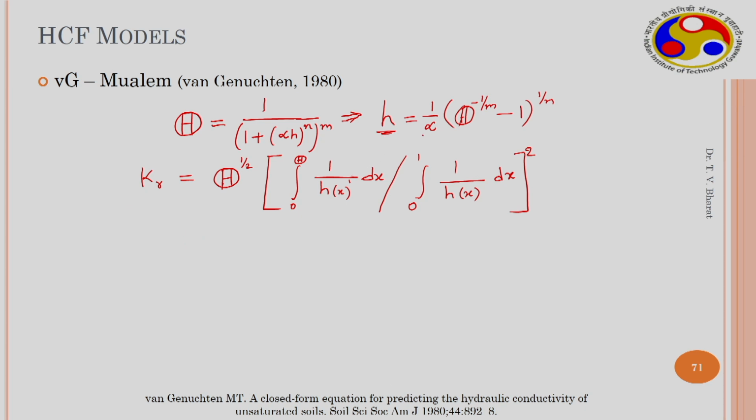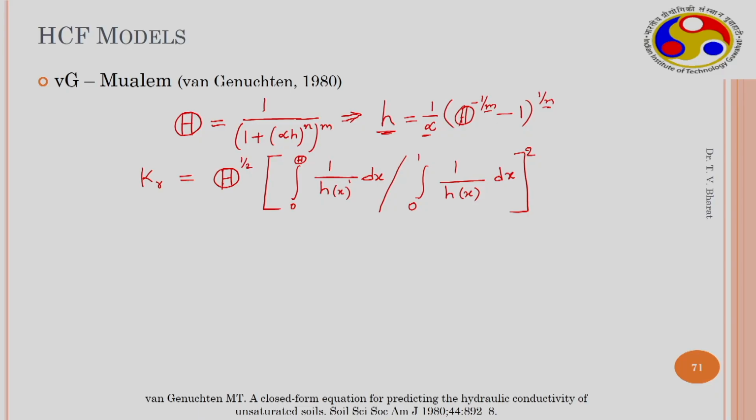So therefore directly when alpha, m and n are determined by fitting the soil water characteristic data using this model, the parameters can be substituted here to obtain the Kr, relative hydraulic conductivity. So here when we substitute, this is theta power half, and the 1 by alpha gets cancelled because that coefficient is present in the numerator and denominator as well.